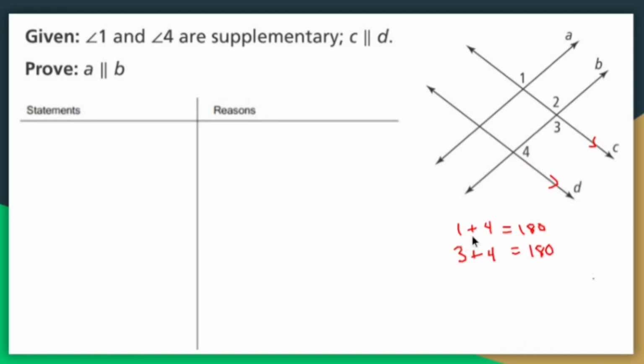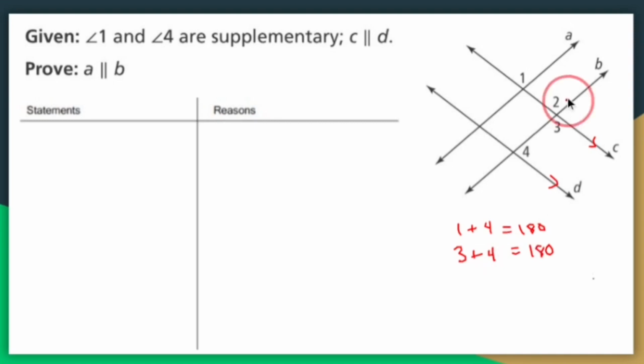Now, I can look at this and say, okay, well, I see 4 in common, but that doesn't really do much for me. I also see that since they're both equal 180, I could say 1 plus 4 equals 3 plus 4, but that doesn't really help me. Not yet. Because if I were to do that, that gives me 1 equals 3. I'm not there yet.